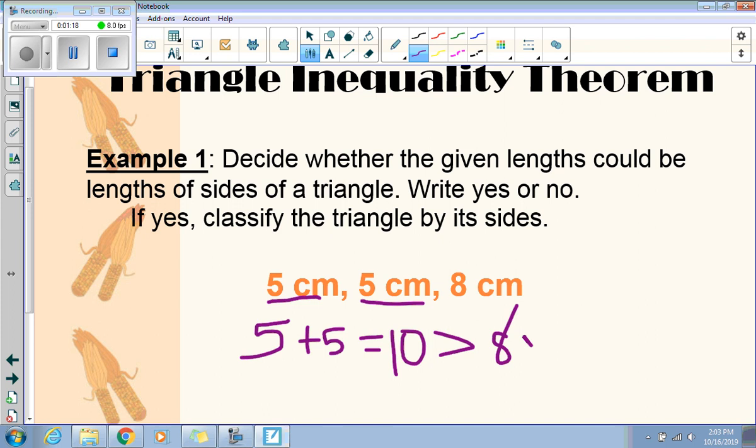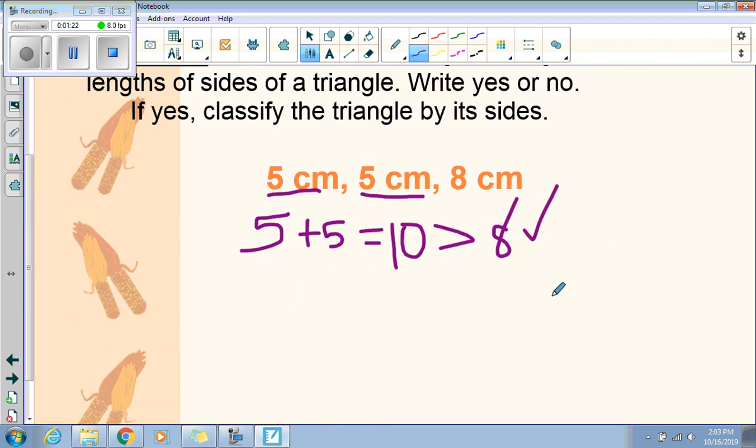So this is going to be a triangle. And then we're going to classify this. I have two sides that are the same, so it's going to be an isosceles triangle here. Now, my board, as you can see, is clearly not working the greatest, so I'm not going to write that out, but on your paper, please write out isosceles. Okay.